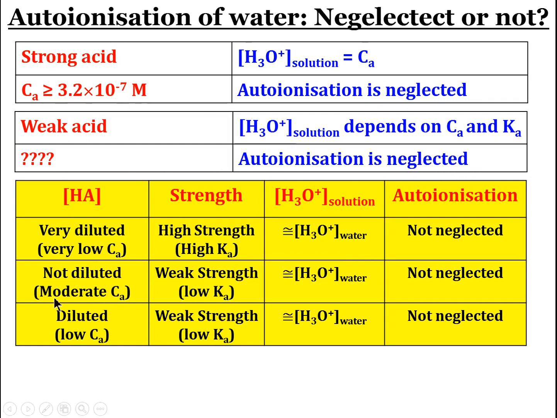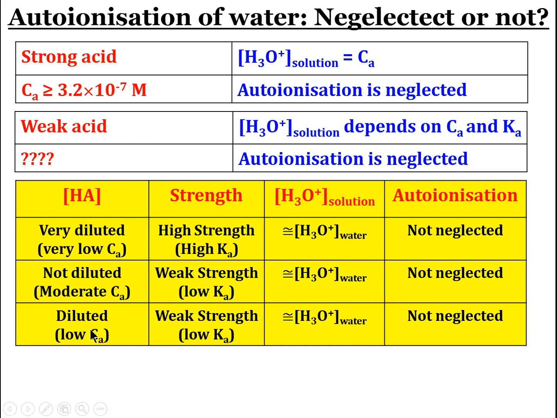In the second case, we suppose that the acid is not diluted, so of moderate Ca, and the acid is of weak strength, so of low value of Ka. Also in this case, the H3O+ released in the solution is close to H3O+ from water, and the autoionization could not be neglected.